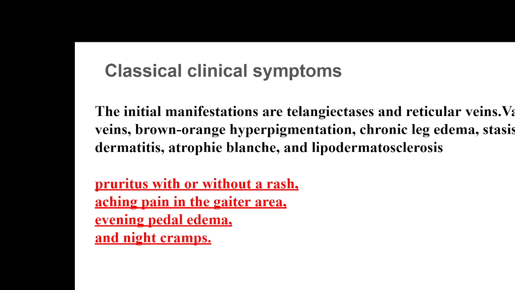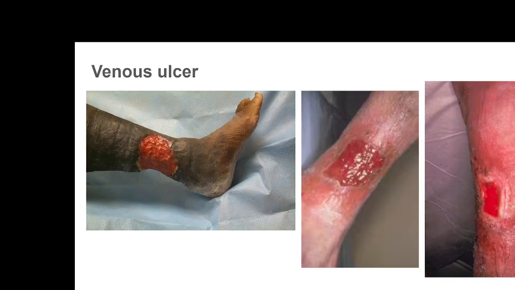Then it results in night cramps, and then further changes like pigmentation or ulcers could occur. There could be dermatitis, which can become blackish in color, or even lipodermatosclerosis can occur, which produces a visible deformity, as I have shown you in the image earlier. So those conditions may occur as the next course.